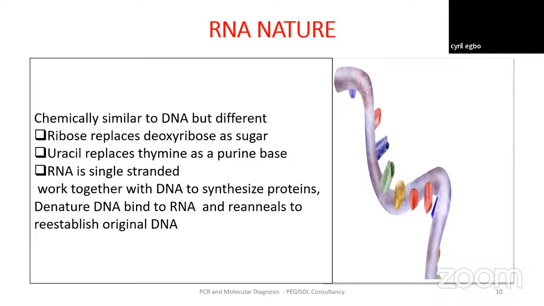Then uracil replaces thymine, as a pyrimidine base, because what make up DNA and RNA are pyrimidine and purine bases.